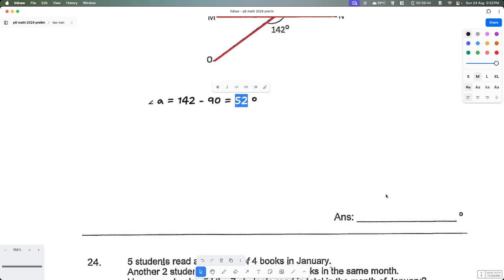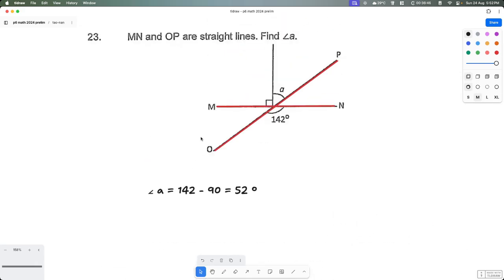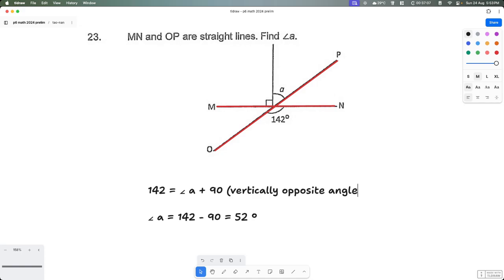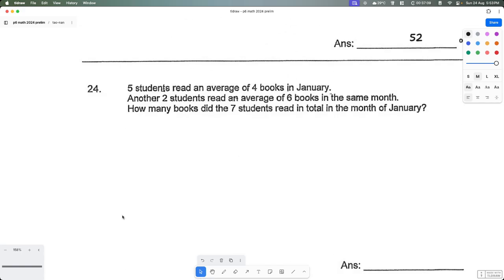Because it's vertically opposite, 142 is equal to angle A plus 90, which is the vertically opposite angle. All right, let's move on to question 24.